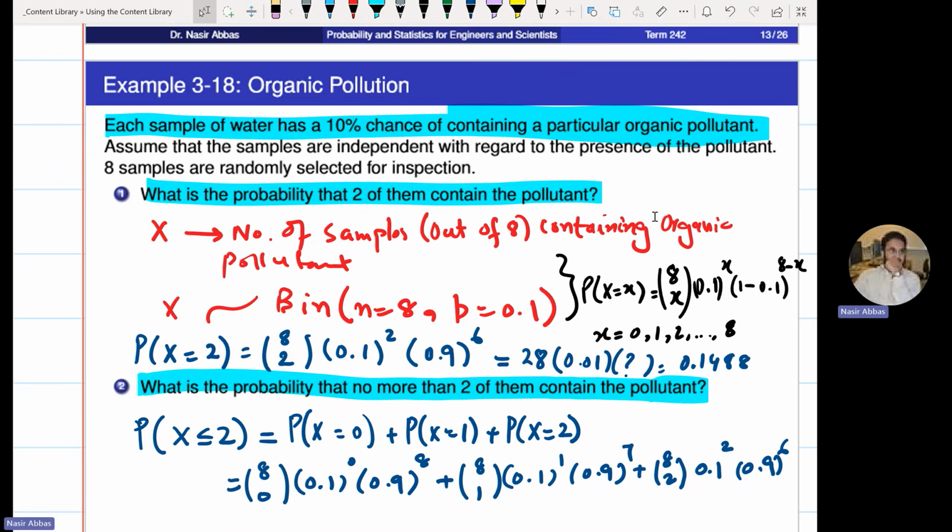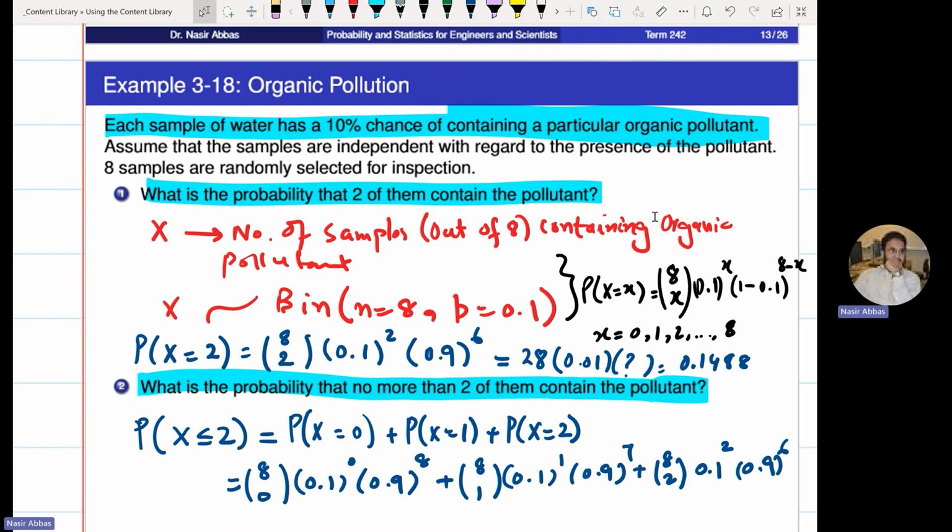Infinitely many samples, right? If the size of the population is either infinite or not mentioned, it means infinite. If the population is infinite and you are selecting n out of them, for example 8, in this case trials will be independent. Probability of success will be constant.